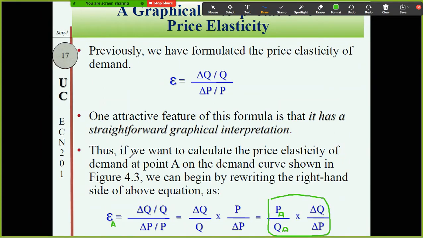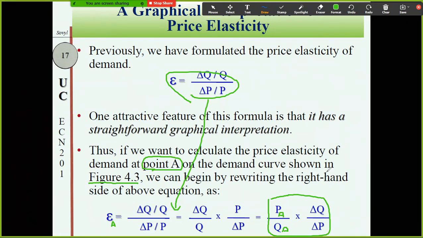Thus, if we want to calculate the price elasticity of demand at point A, like I say here, on the demand curve shown in figure 4.3, we can begin by rewriting this formula.